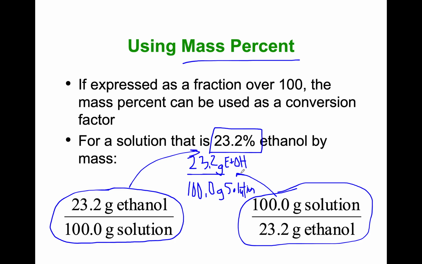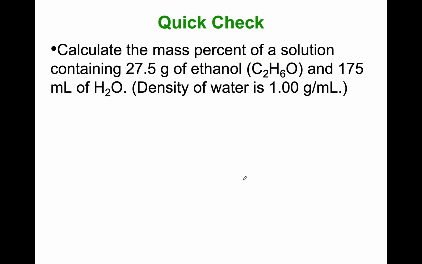So translate that 23.2%. All right, so let's do some calculations with mass percent. Calculate the mass percent of a solution containing 27.5 grams of ethanol and 175 mils of water. I'll go ahead and pause here so you can work on this calculation.